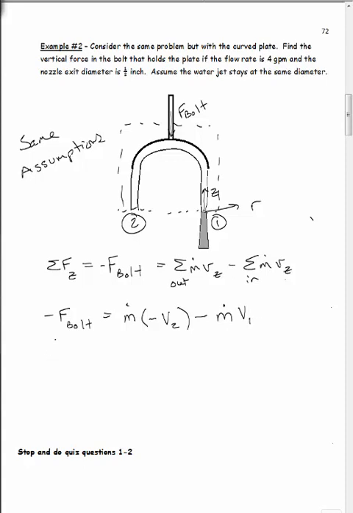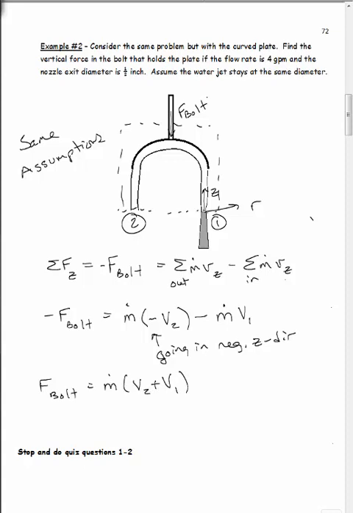Let's make a little note here, going in negative Z direction. So what we end up with is our F bolt equals M dot times V2 plus V1.